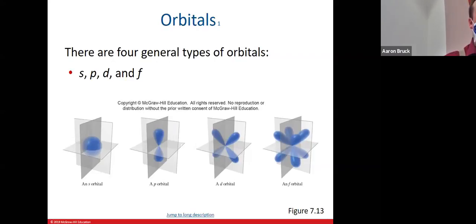And among those shapes, what we have are different sublevels.